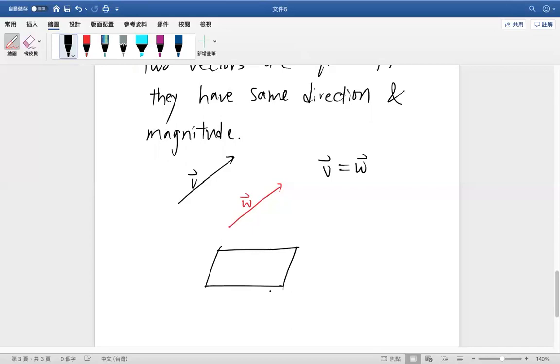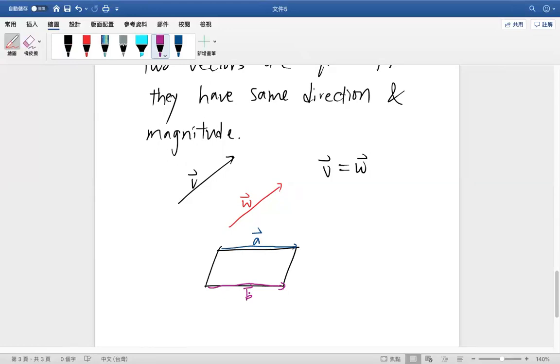And they also have the same length. What does it mean? For example, we have this side here, which is described by vector A. And then we have another vector which describes this side.